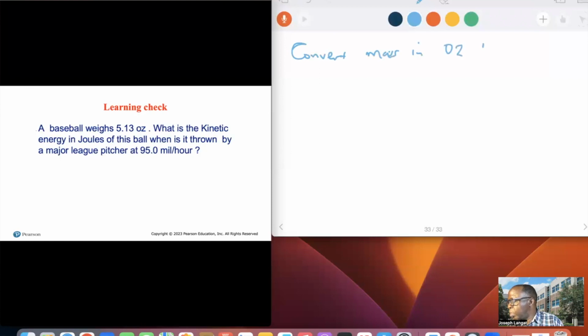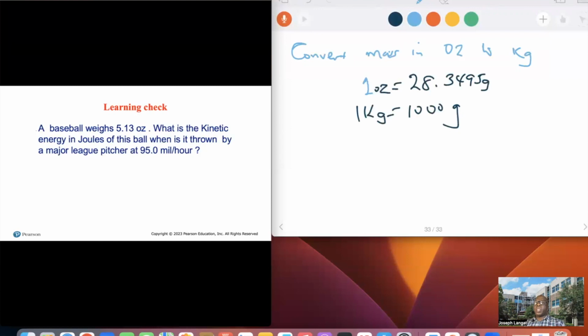Now, nevertheless, let's convert the mass in ounces to kg. Given this, 1 ounce equals 28.3495 grams, and 1 kg equals 1,000 grams. So these are the equivalent statements.